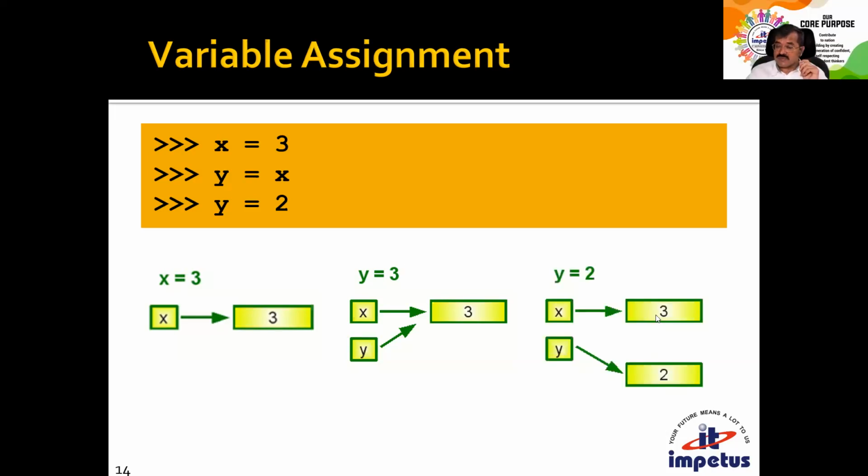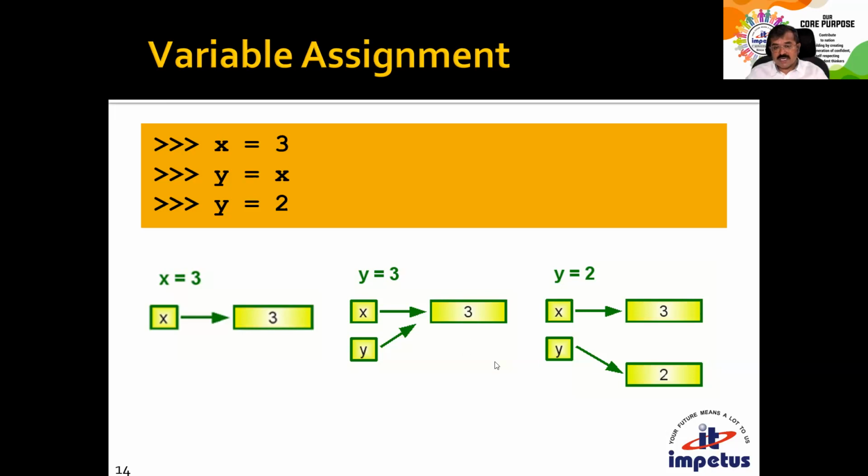X keeps pointing to the same value 3, whereas y now starts pointing to another value, that is 2. It is not like it will go and make changes to 3. I said values are unchangeable. 3 will never become 2. 3 is 3 in memory, it will remain as 3. Y will point to another location where 2 has been stored. So that's how variable assignments work.